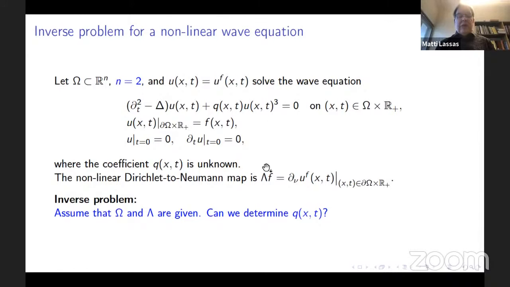And the inverse problem is that we want to determine this function q of x. So we don't know what the equation is. We just know that when we put some boundary value, it sends a wave. The wave exists, but we don't know what it is, and we record that on the boundary. Or we actually record the normal derivative of the wave on the boundary. And we consider this inverse problem.